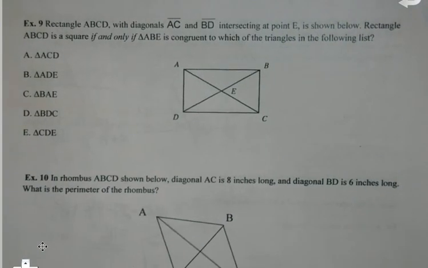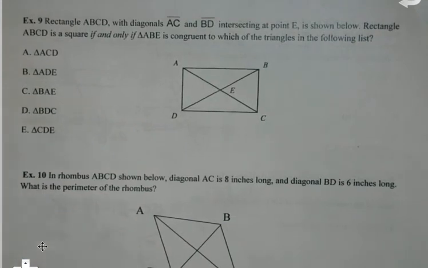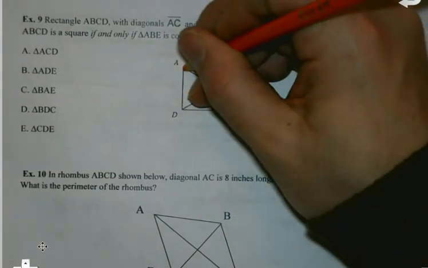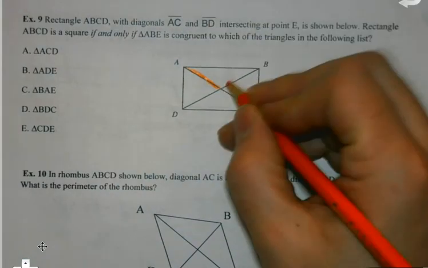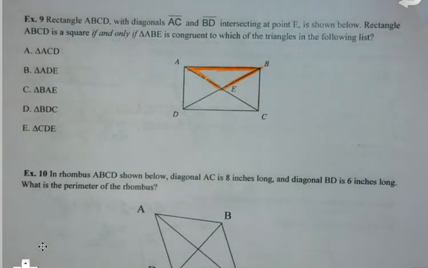You have almost survived. All right, rectangle ABCD with diagonals AC and BD intersecting at point E, shown below. Rectangle ABCD is a square if and only if triangle ABE is congruent to which other triangle?